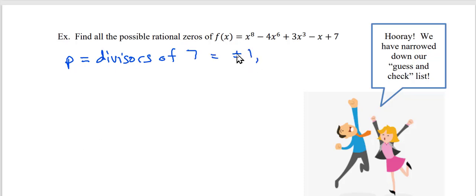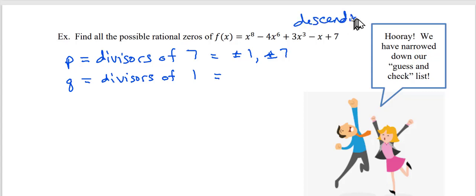Well, 7's a prime number, so only 1 and 7 divide it. And then, of course, the negatives will divide it to give you an integer. Q will be divisors of the leading coefficient, which in this case is 1. One thing you need to make sure of is that it is in descending order.